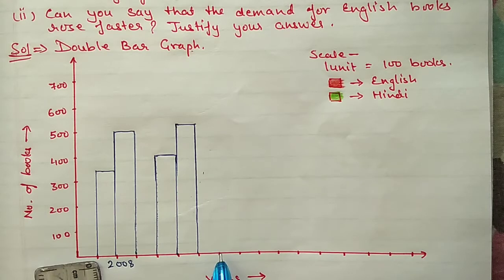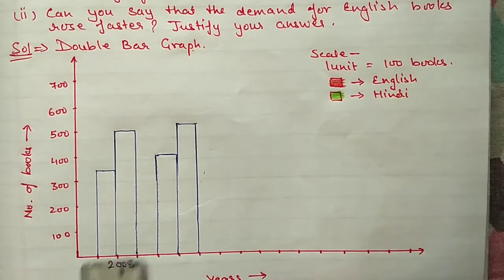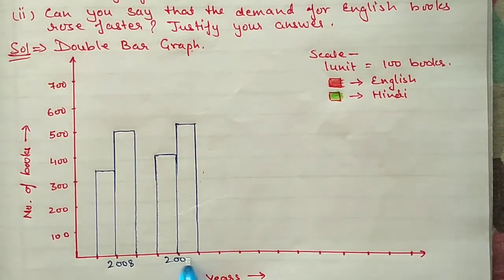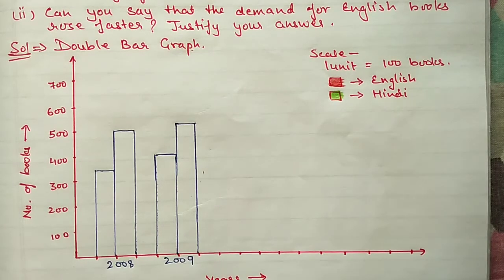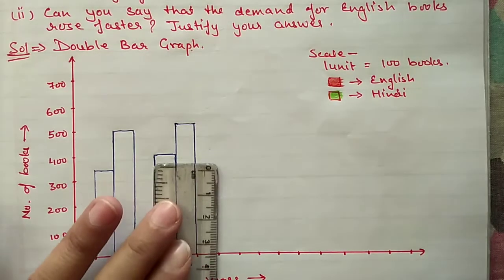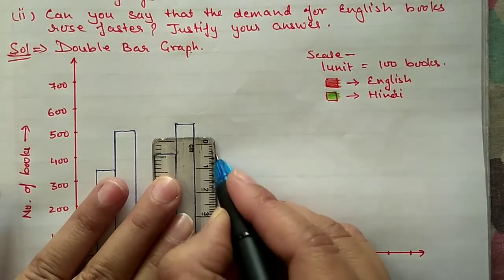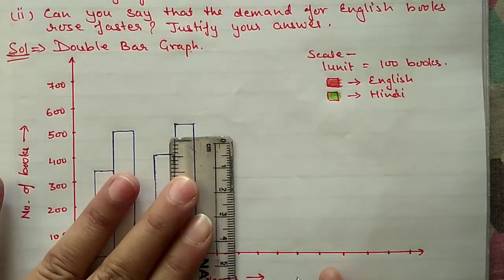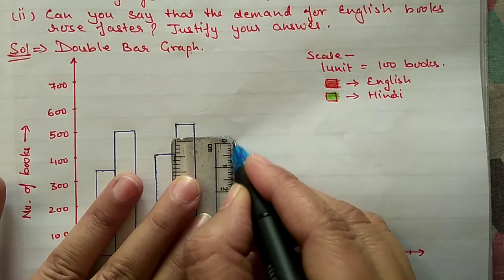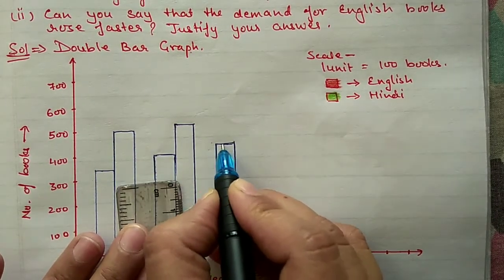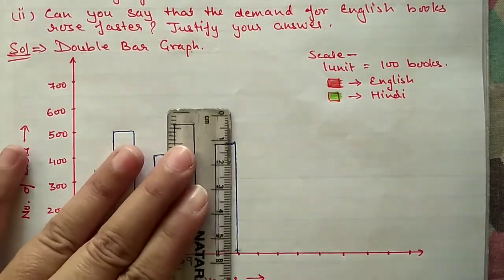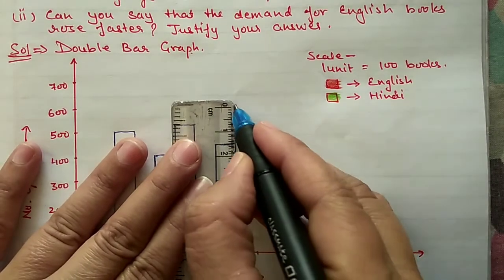Again leave one block empty, then represent for 2010. This is for 2009. 2010 for English it is 450 means 4.5. Then for Hindi 600 means 6 centimeter.